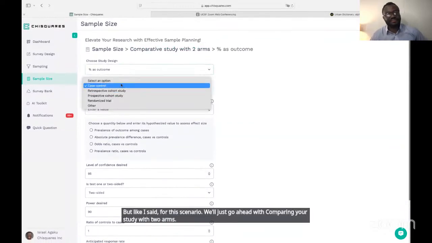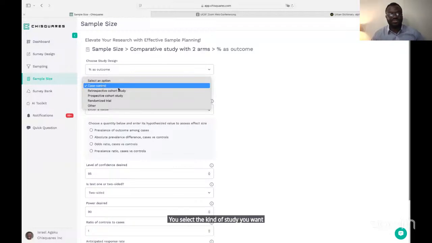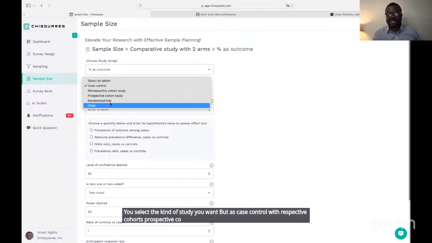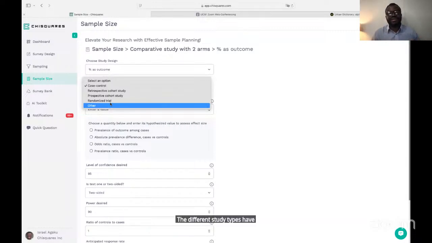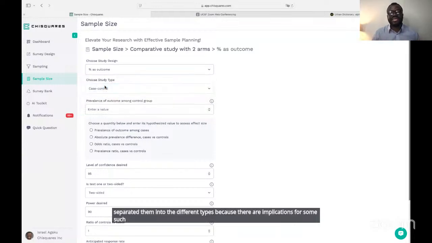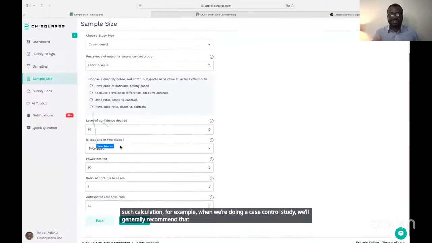You select the kind of study you want, whether it's case control, retrospective cohort, prospective cohort, randomized trial, and all that. The different study types have implications. Obviously, there's a reason why we separated them into the different types, because there are implications for sample size calculation. For example, when we're doing a case control study, we'll generally recommend that the ratio of controls to cases be 4:1.